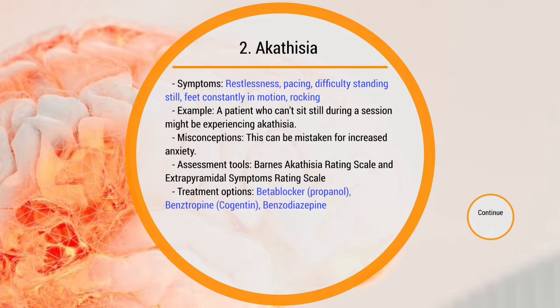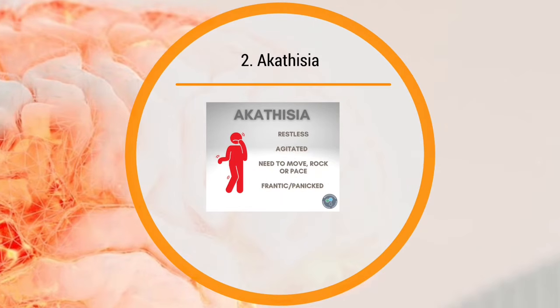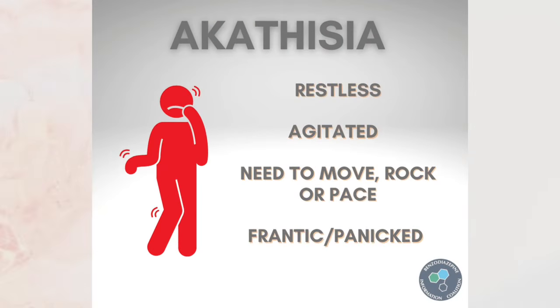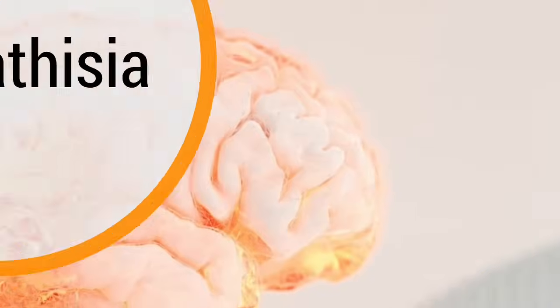You can also have the option to give a beta blocker, and that would help, or even a benzo. But usually we stick with Cogentin. So Cogentin for akathisia, Cogentin for acute dystonia. Now, here is another look at akathisia: restless, agitated, needs to move, rock, frantic, panic.